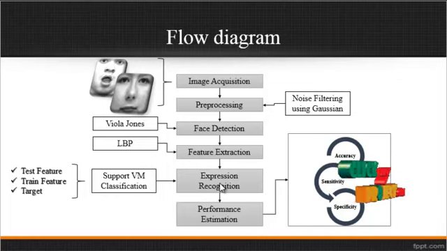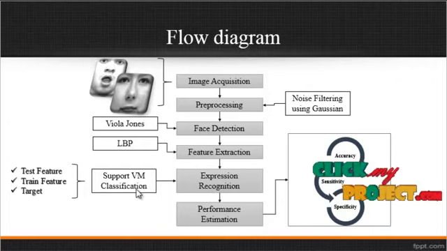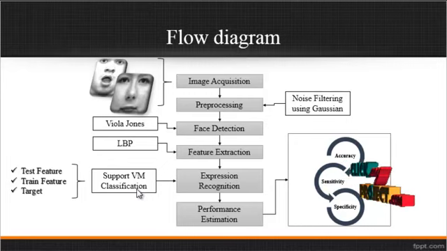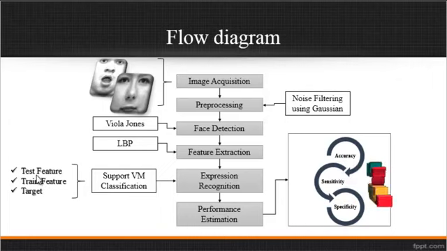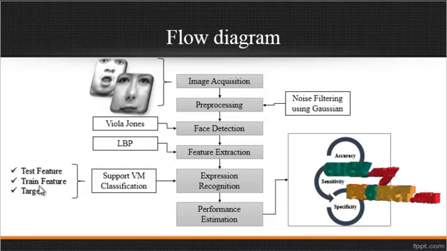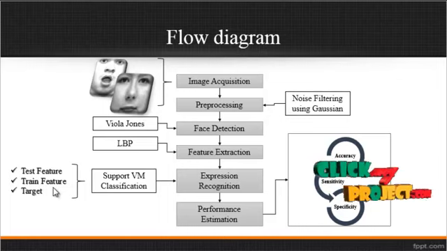In this classification method, we use the support vector machine classifier. To the support vector machine, we have to give three things as input. The first one is the test feature, the second one is the train feature, and the third one is the target. The test feature represents the feature of the input image, and the train feature represents the features of the dataset images.